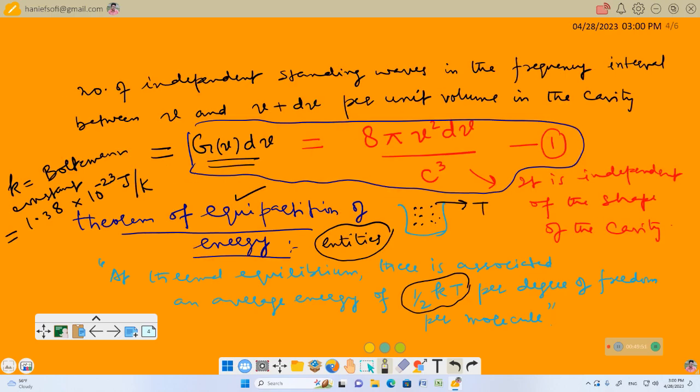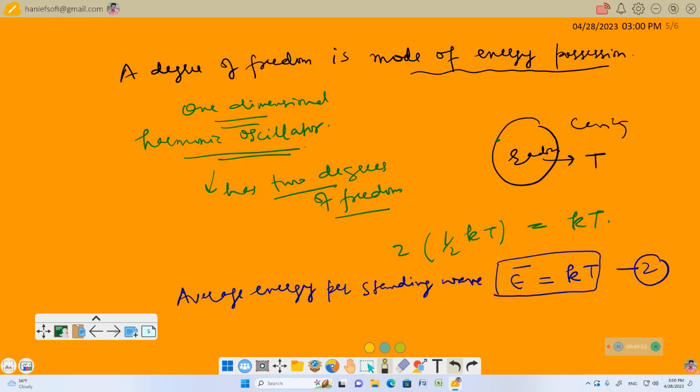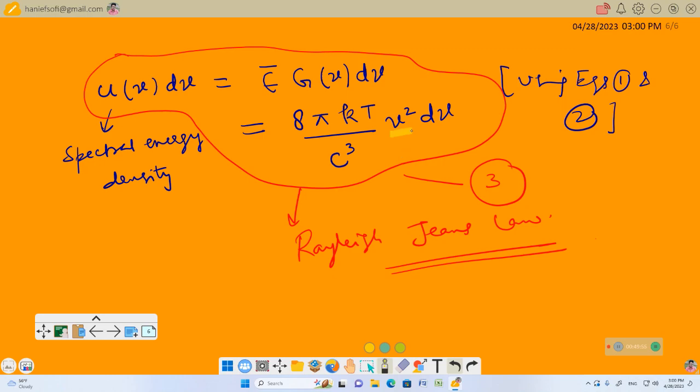But the equation is not indicating that. It simply says that as it is proportional to nu square, if you increase nu, it is only going to increase, not decrease. That means there is an error in Rayleigh-Jeans law. This Rayleigh-Jeans law is not giving us the shape of the spectrum.